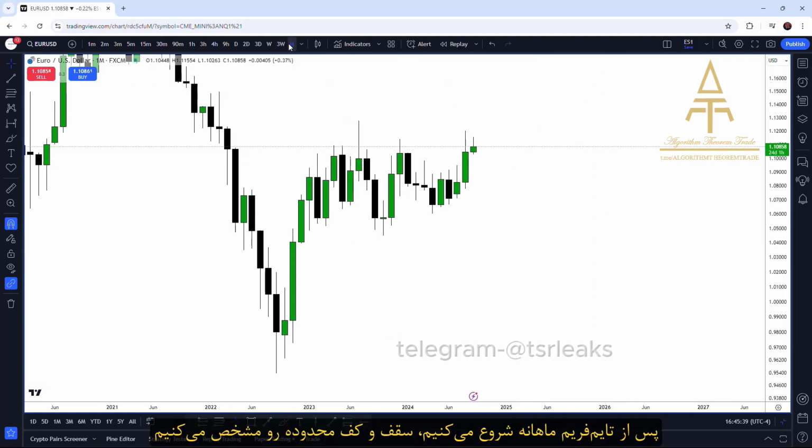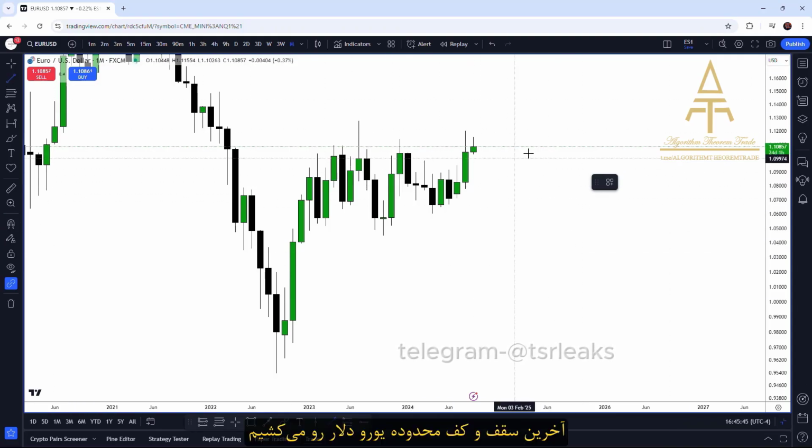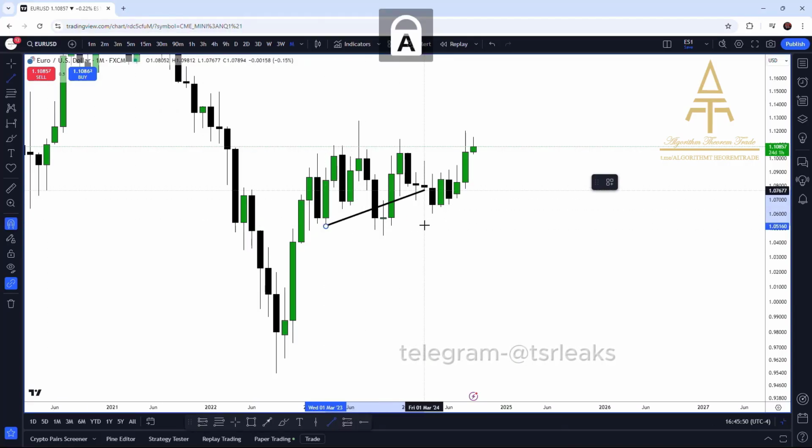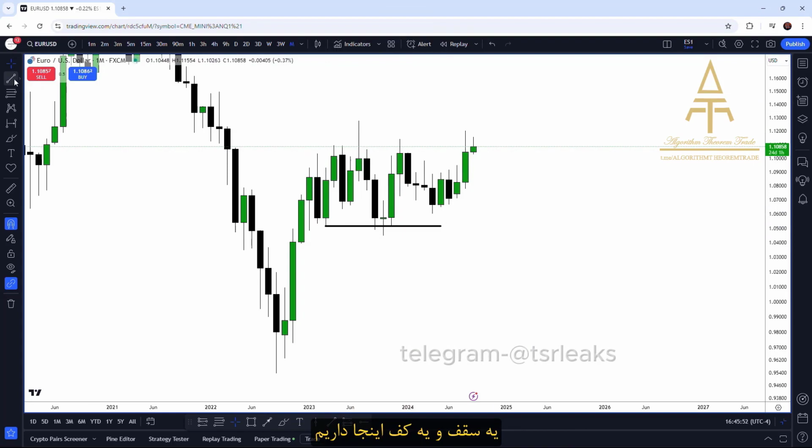So starting on a monthly time frame, we'll draw out a range high and low. The most recent range high and low for the euro dollar, we have a high and a low right here.